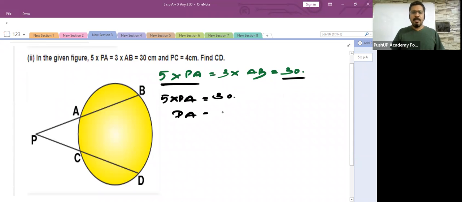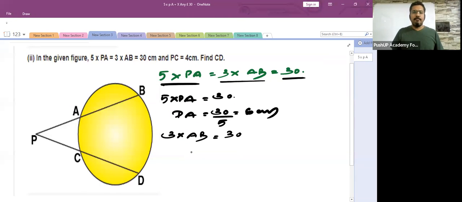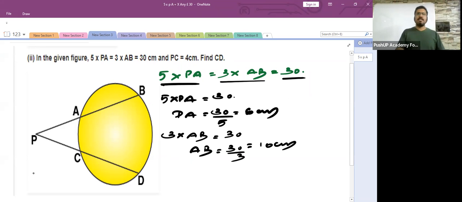In that case, PA will be how much? 30 by 5, and that is equal to 6 centimeters, right? The next one, 3 into AB is equal to 30. Therefore, AB is equal to 30 divided by 3, and that is equal to 10 centimeters. Make sense? AB is equal to 10 centimeter.